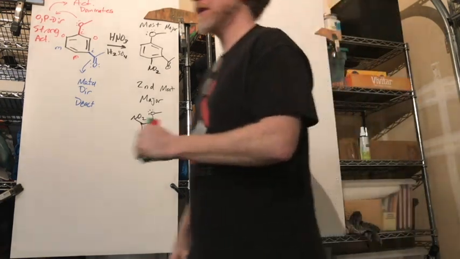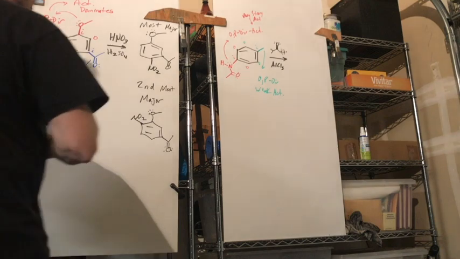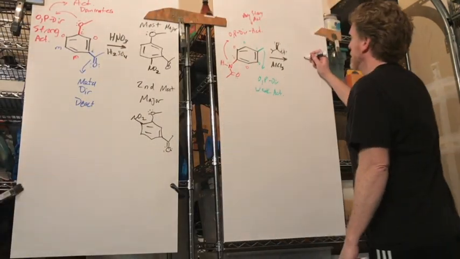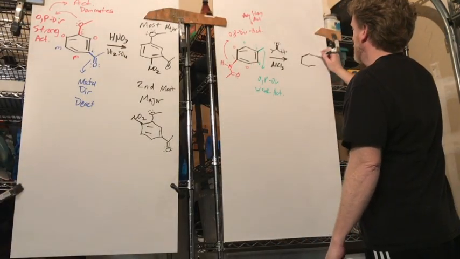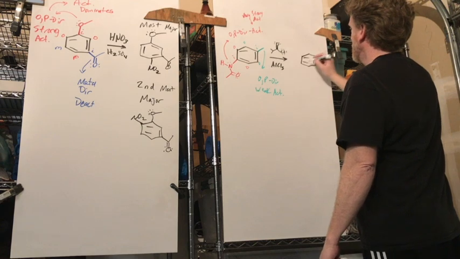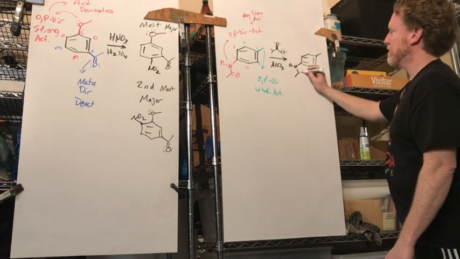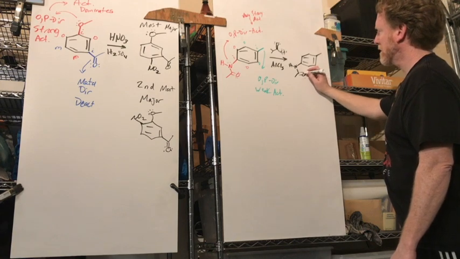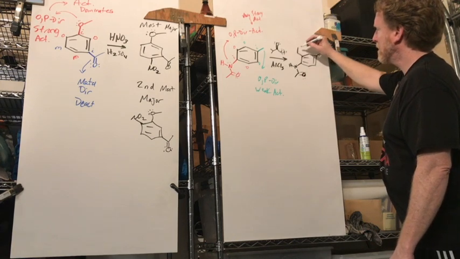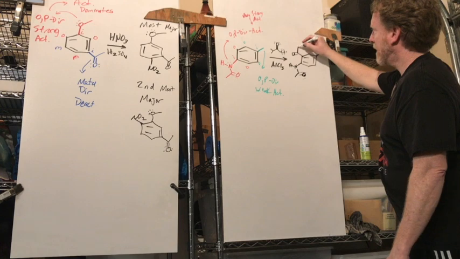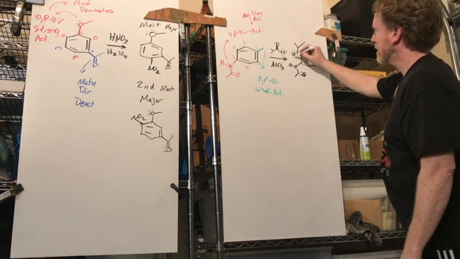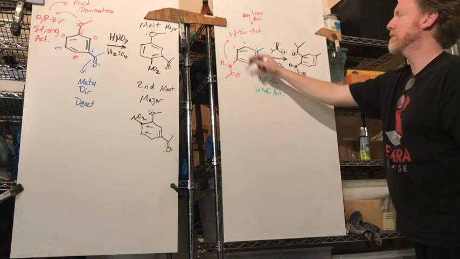So the major product should be predicted to be the product in which you put the, this is a Friedel-Crafts alkylation, where you put it ortho to the amide.